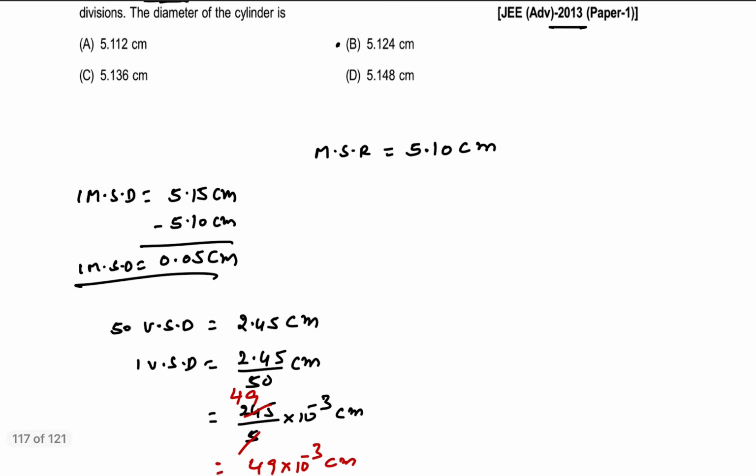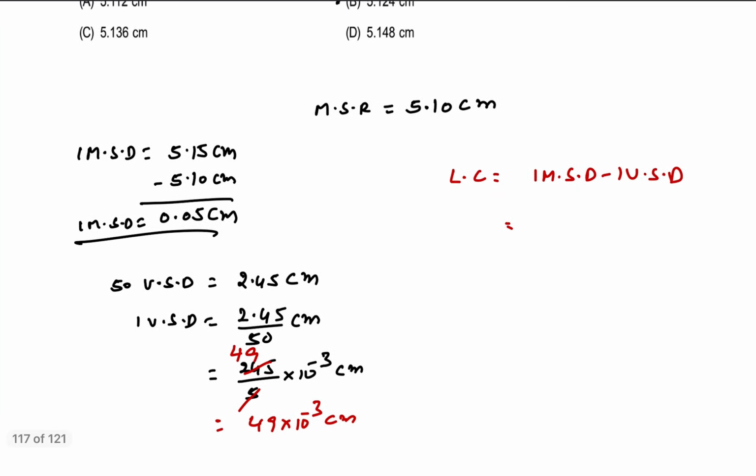Now you can see the 24th division is coinciding. Before that you have to write least count: 1 MSD minus 1 VSD. 1 MSD value is 0.05 centimeters, and this one is 0.049 centimeters. If you subtract, you get the value 0.001 centimeters.